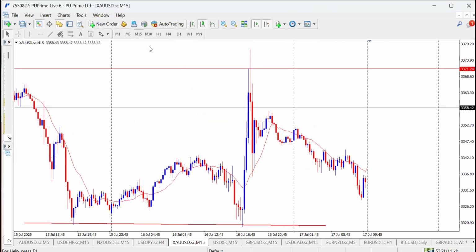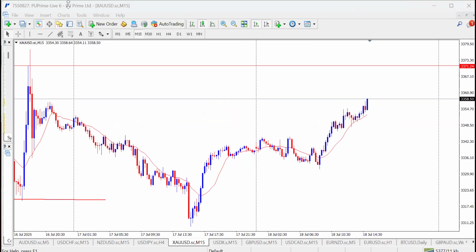Also, the same thing on the 15 minutes time frame. Can we enter a buy? Let me see.